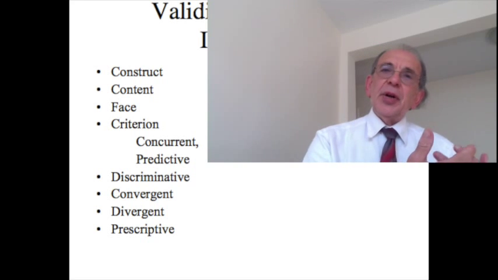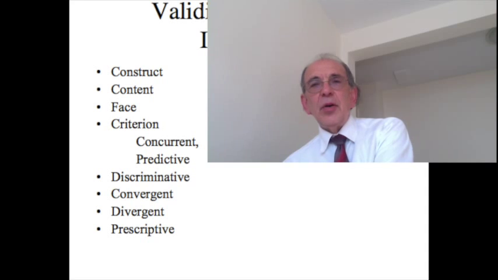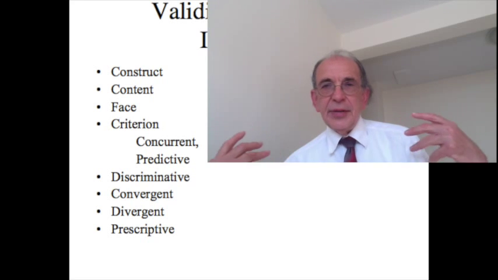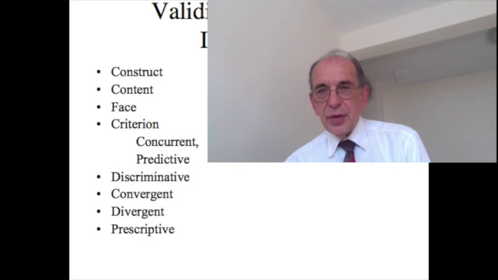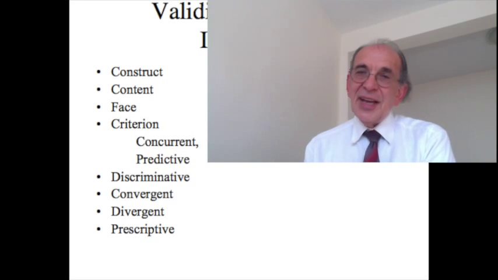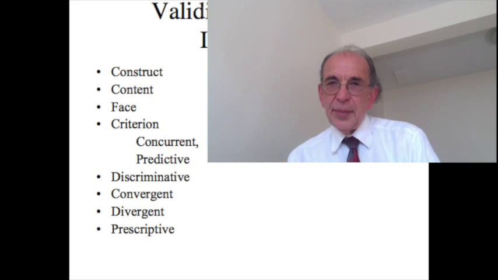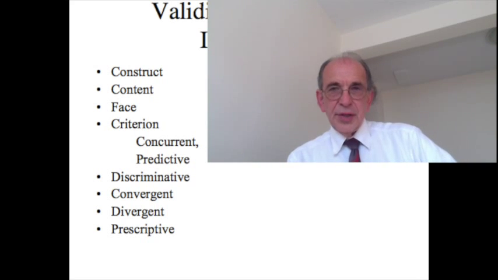Again, typically a brand new instrument that's created is compared to an older instrument. The same group of students or individuals take the old test and the new test, and results are compared, again using a reliability coefficient of one sort or another.